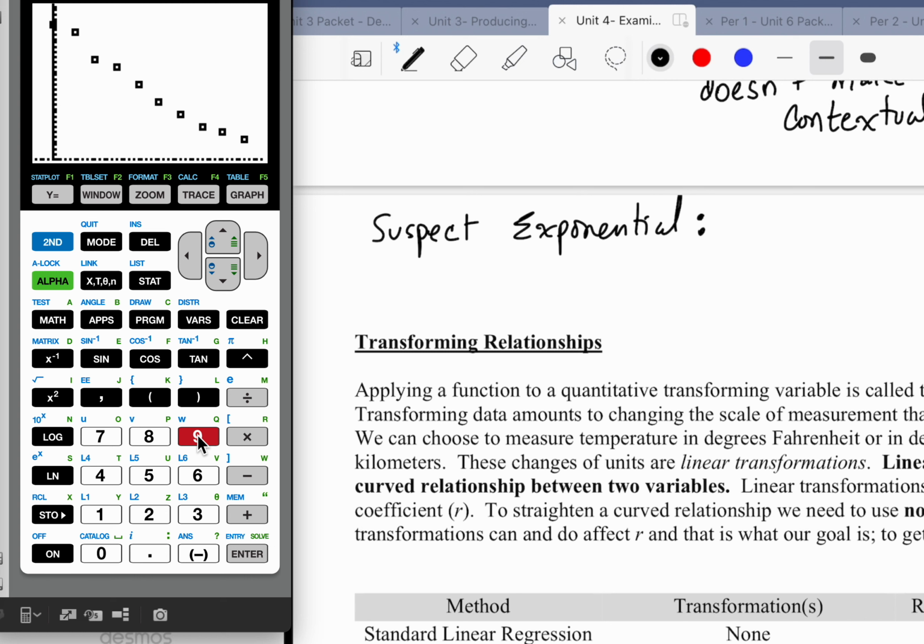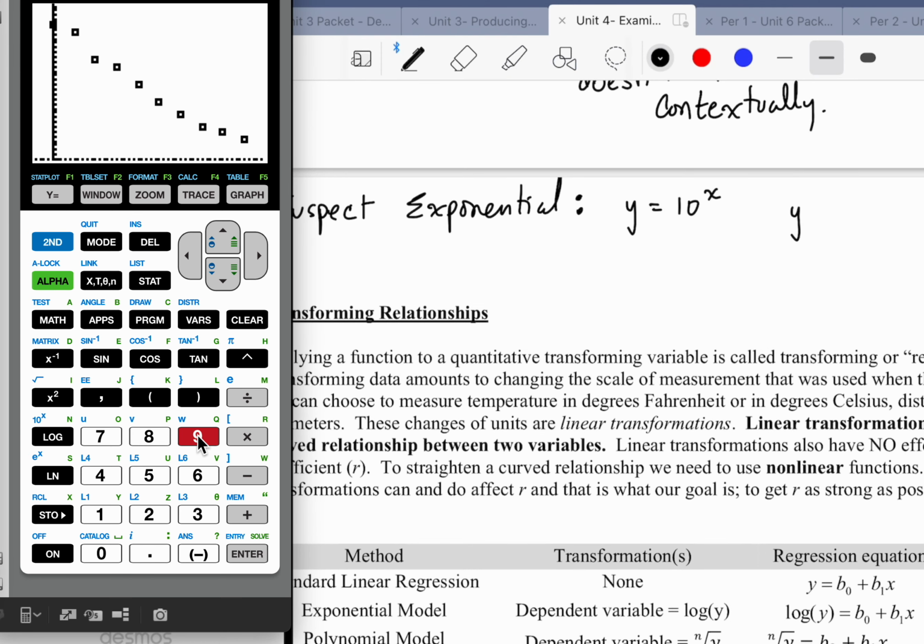So you could do whatever you want. The AP folks tend to stick with the base 10 exponential function. So y equals 10 to the x power. But you could also work with y equals e to the x power. Both of them are parent functions, but of different bases.